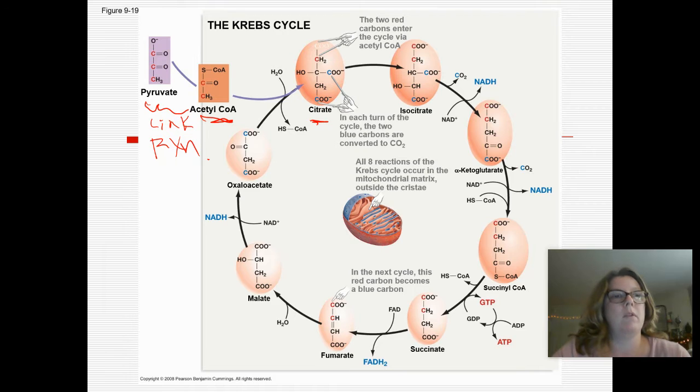Citrate is citric acid, otherwise known as vitamin C. But anyway, citric acid is what you are creating here in this first step.